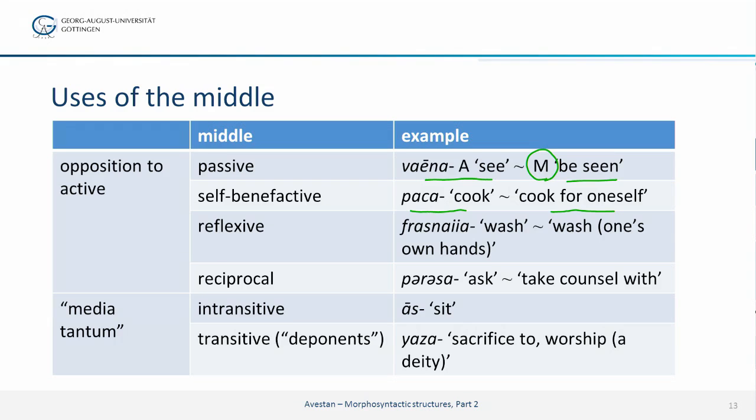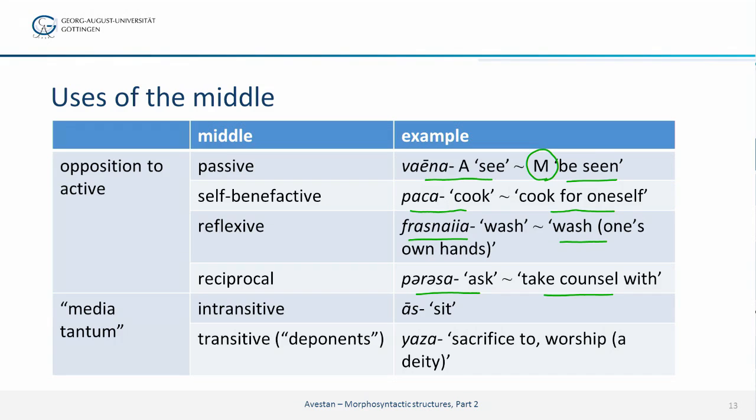Thus, frasnaya means to wash in the active, but to wash one's own hands, to wash oneself, with middle endings. Finally, middle forms may also be reciprocal. For example, pərəsa in the active means to ask, but in the middle it means to take counsel with someone.